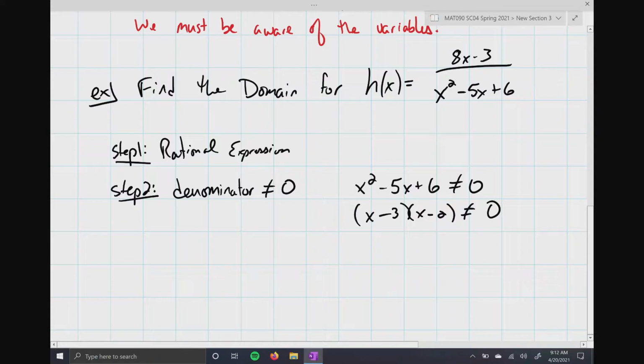So like I said, I'm going to speed up here a little bit. So we get the factors x minus 3 and x minus 2. I break them up and I just solve.